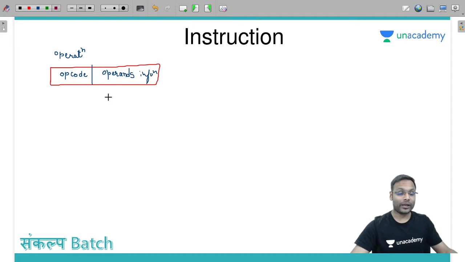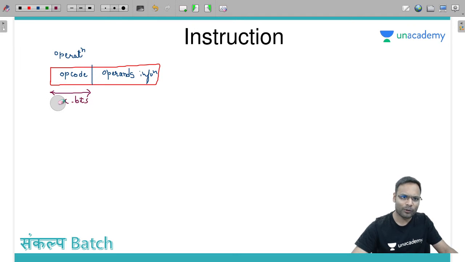Got it? Okay, so suppose in some kind of CPU the opcode is equal to some x number of bits. Let's take a very specific example also. Let's say there is a CPU in which the opcode can be of 4 bits in an instruction. So with 4 bits, how many maximum opcode combinations can you have? The number of maximum opcodes will be 2 power 4.